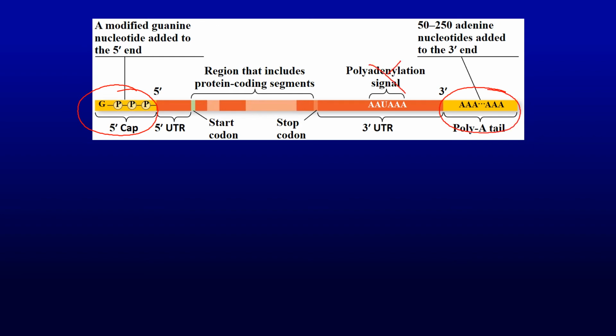I'm not going to worry about that, but it's this region here which consists of some introns and some exons, and we've got a start codon there and a stop codon there. So most of this is sort of the business region. Some of it will be removed and some of it will be used to code for a protein.